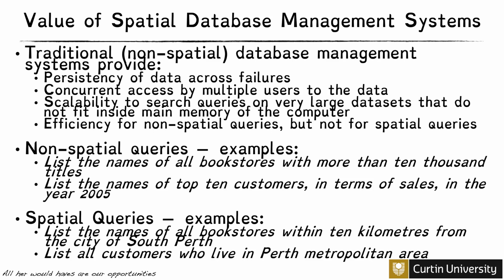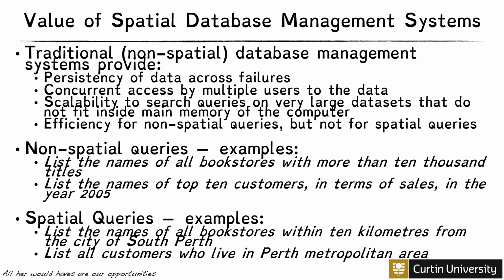So we've got the non-spatial query: list the names of all the bookstores with more than 10,000 titles. But I might want to list the names of all the bookstores within 10 kilometres of the city of South Perth. Now that's a very different kind of query. We might want to say, list all the customers who live in the Perth metropolitan area.